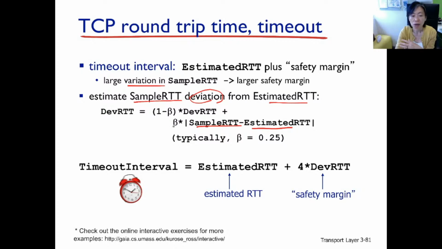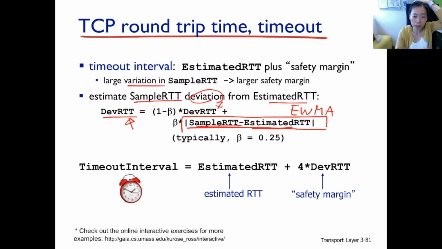Now, of course, we will not be using this by itself to set the safety margin, because this is also the instantaneous deviation. So let's estimate the smooth deviation of round trip time, DevRTT, borrowing again the technique, the exponential weighted moving average, to get the smooth DevRTT. So the next DevRTT will be the current DevRTT and the weighted sum of that with the instantaneous deviation of RTT.